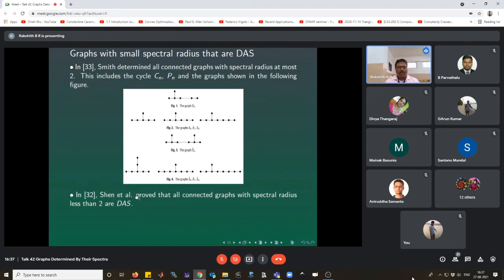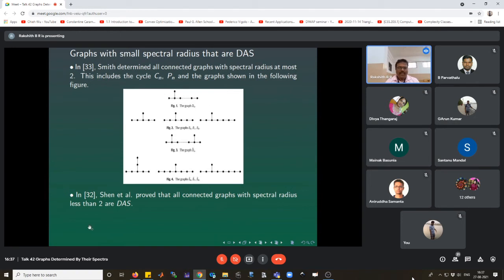Later, Shen et al. proved that all connected graphs with spectral radius less than 2 are determined by the adjacency spectrum. The graphs with spectral radius less than 2 are the first two figures, figure 1 and figure 2, including the path graph.